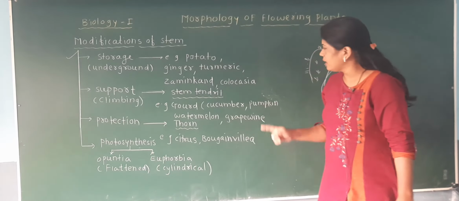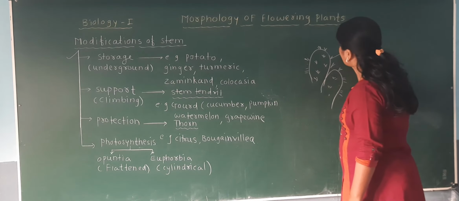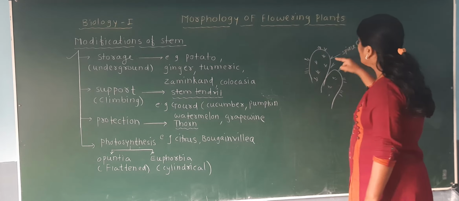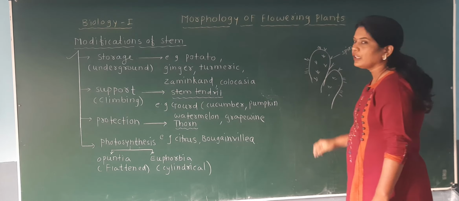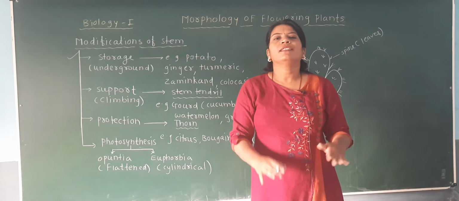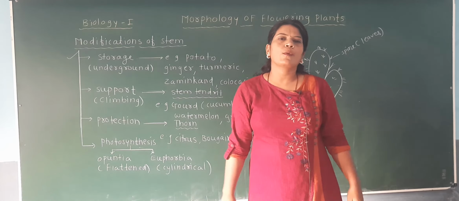This part that you can observe, these are the spines, but spines are nothing but actually the leaves of that plant. As leaves are modified into spines, the function of the leaves is carried out by the stem.